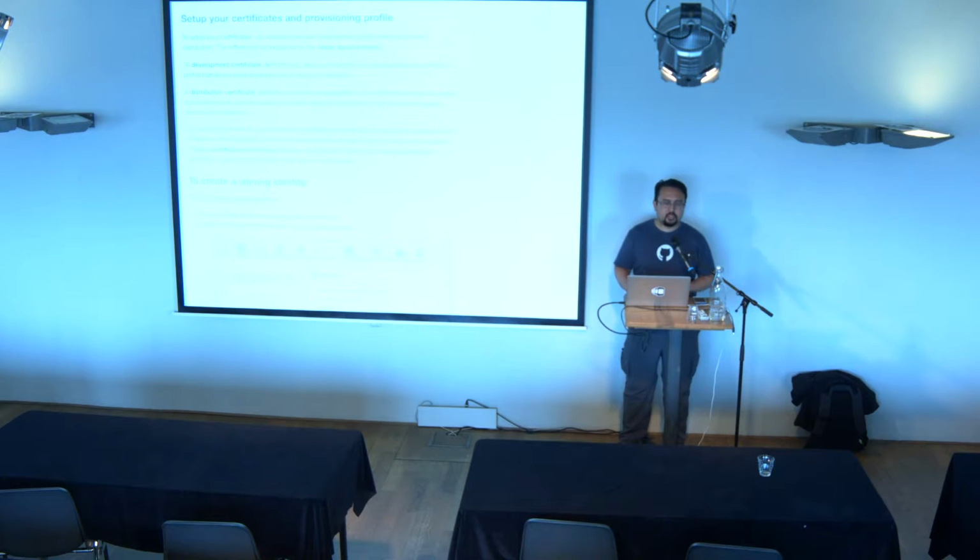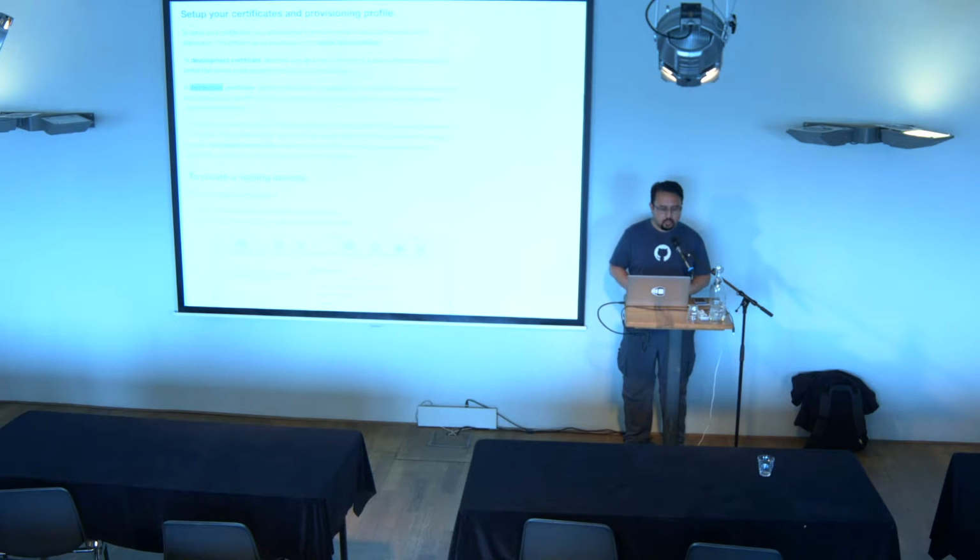For the distribution certificate, there are two types of distribution, ad hoc distribution and App Store distribution. There's a subtle difference there. For example, if you have a development certificate and you know all the device IDs that you need, you can distribute apps to your team without much trouble.